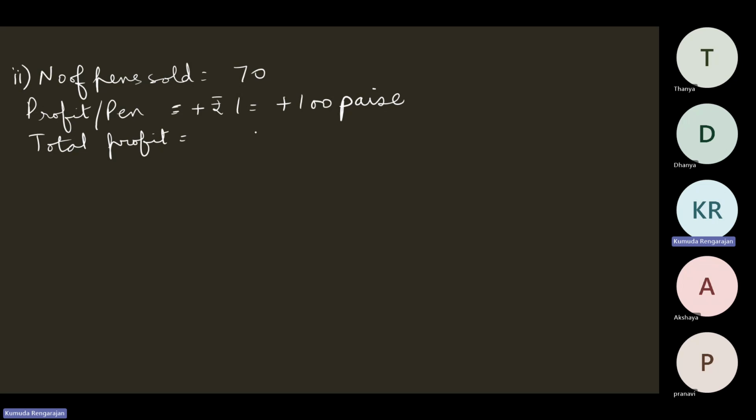If you sell 1 pen, profit is 100 paise. 2 pens, 200 paise. 3 pens, 300 paise. So 70 pens, 70 into 100, which is 7,000 paise.